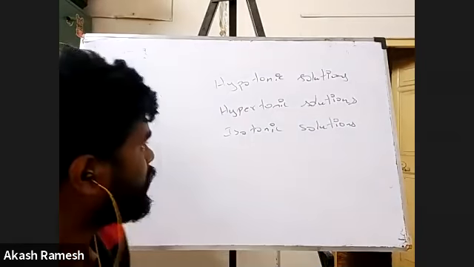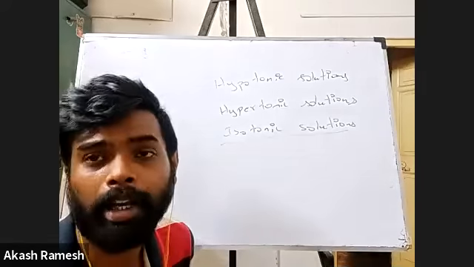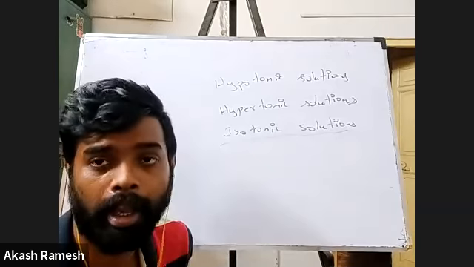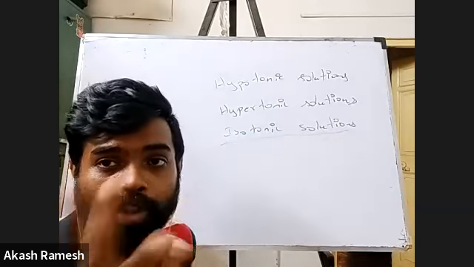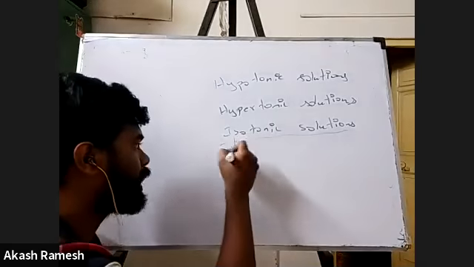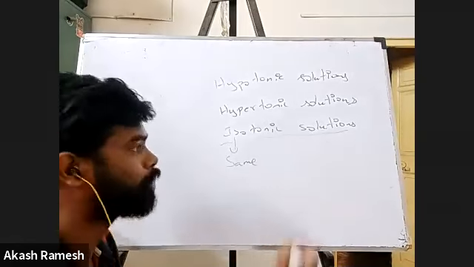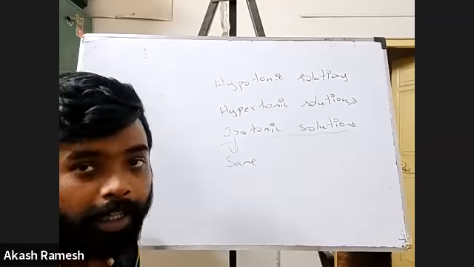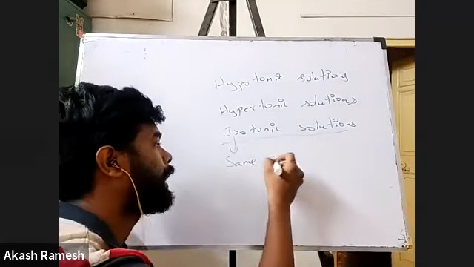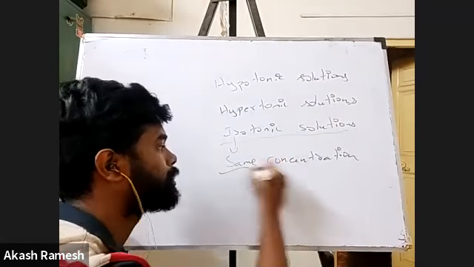Now let us look into it. First we'll talk about isotonic. What do you mean by an isotonic solution? If I call two solutions isotonic, please understand, iso means same, and tonic talks about the concentration. So isotonic solutions are going to have the same concentration. Please remember this.